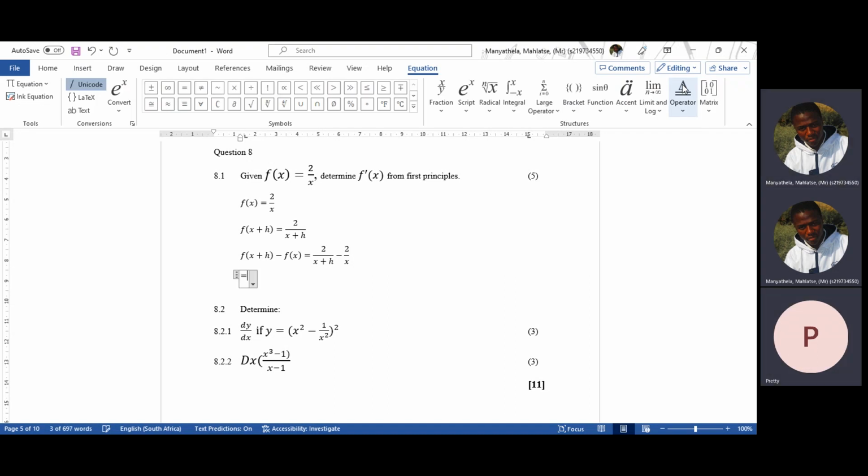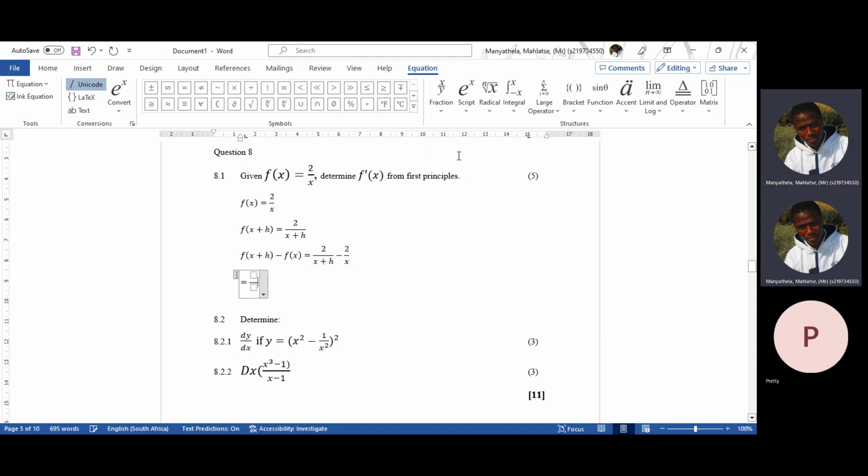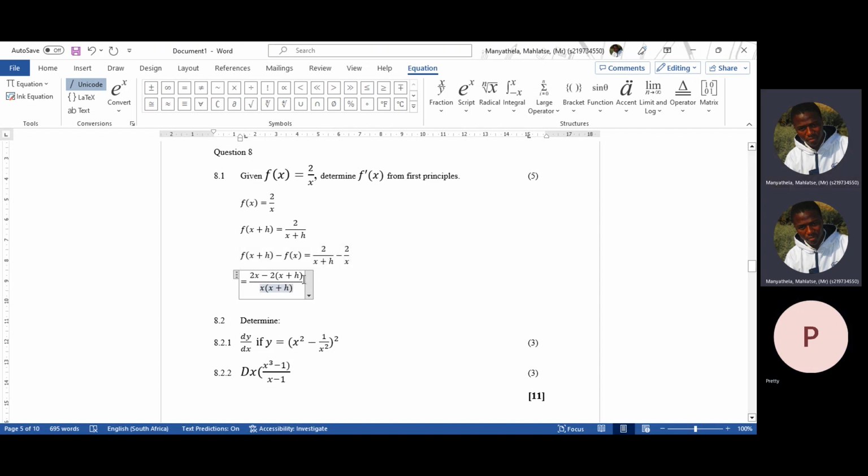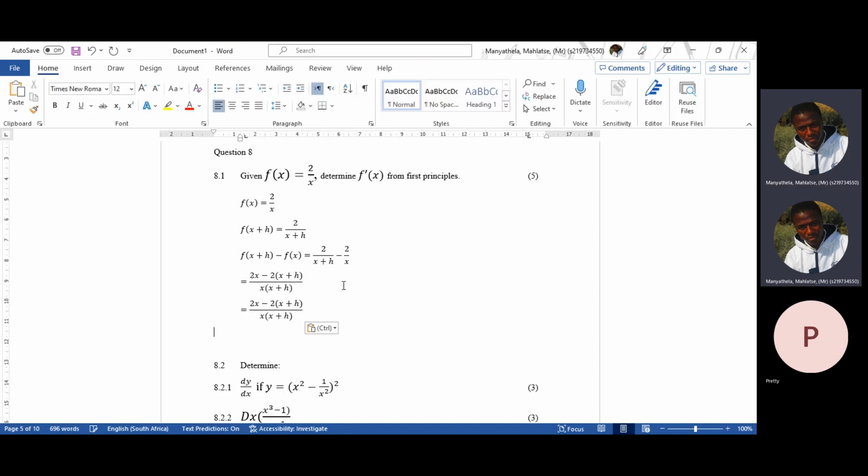So second step, cross multiply. It will be 2 multiplied by x, which will be 2x, and then we have negative 2 on this side, which will multiply x plus h, and then on the denominator we have x multiplying x plus h, because we want to write this under one division line, or have only one fraction to avoid having two fractions. Remember, we have not started deriving yet.